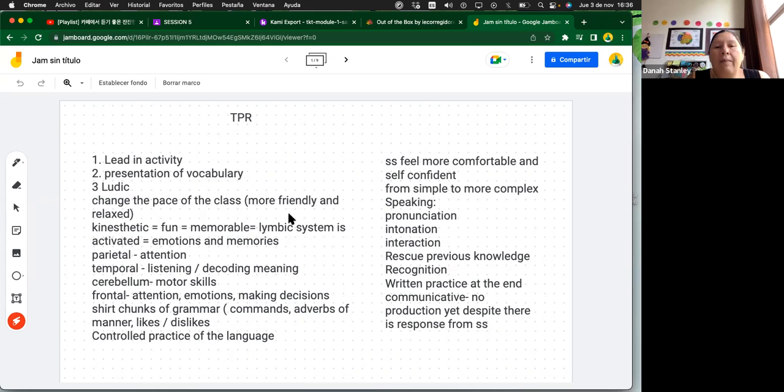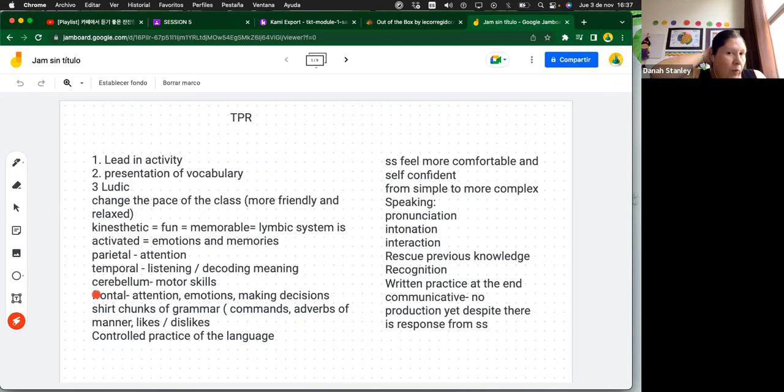And apart from the limbic system, what they are working is the parietal part of the brain, because they are paying attention. They need to be paying attention to each command in order to follow it. The temporal part, because they are listening and decoding meaning of what they are receiving as an input.